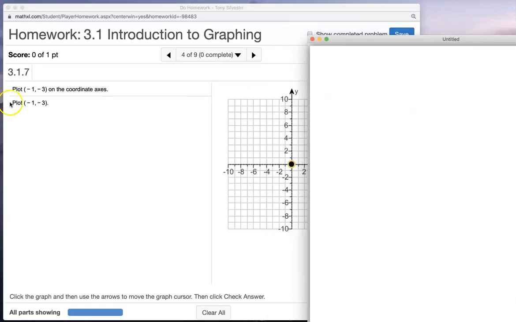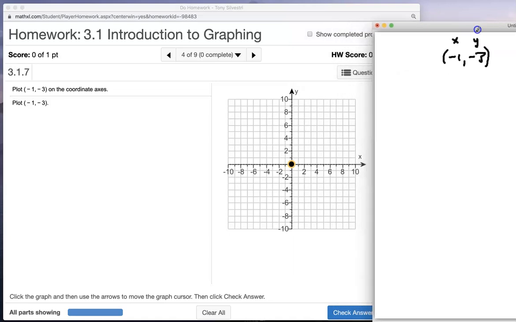Like in this case they want us to plot this point right here, -1, -3. That's a coordinate.